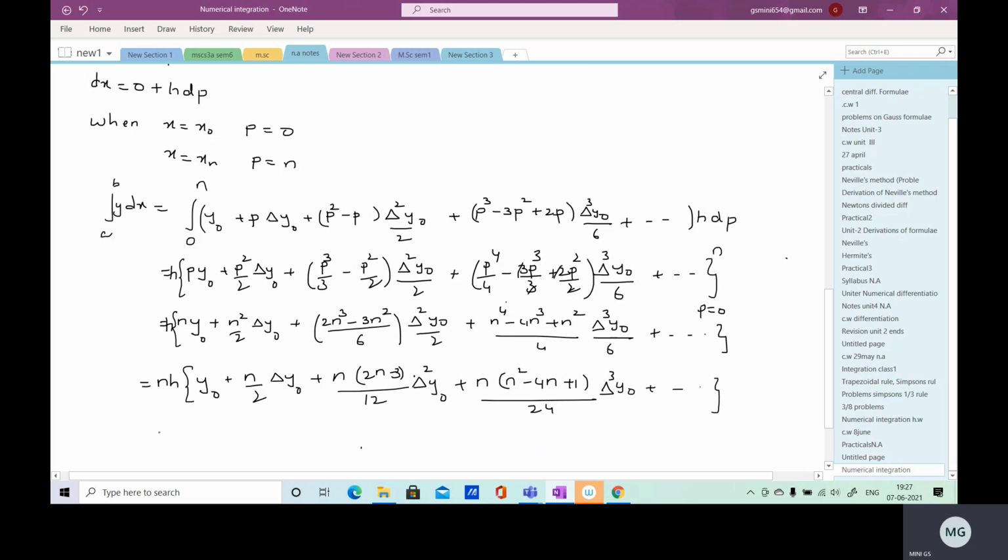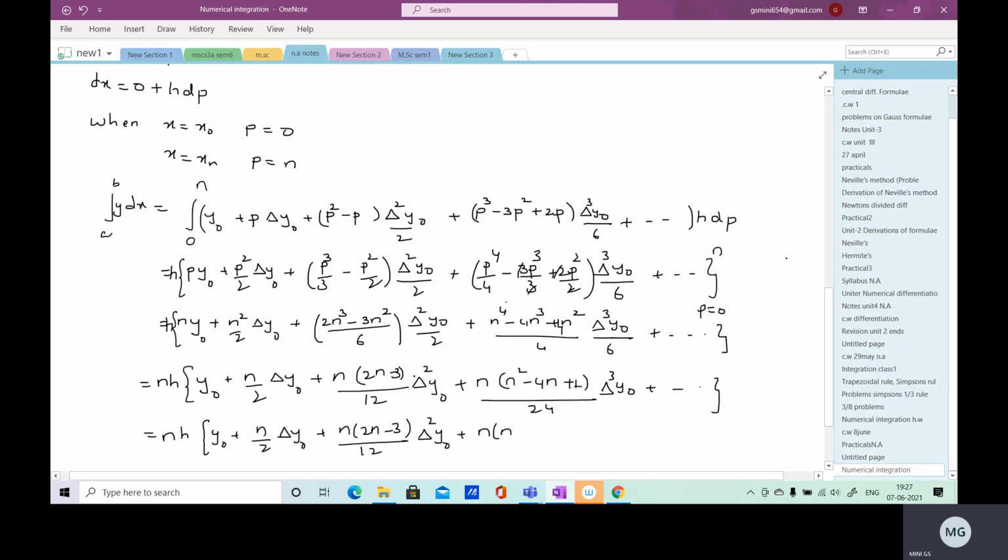Like this. Or I will simplify this further as y naught plus n by 2 times del y naught plus n into (2n minus 3) by 12 times del square y naught plus this I will write as n into this is plus 4, no?